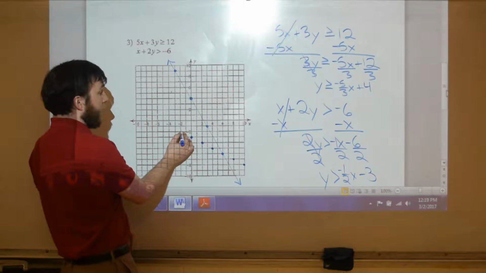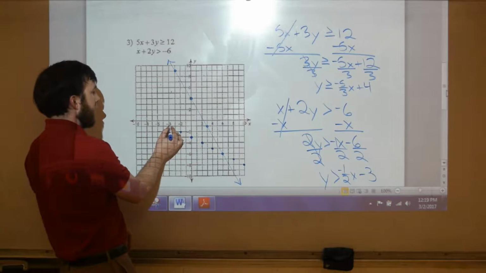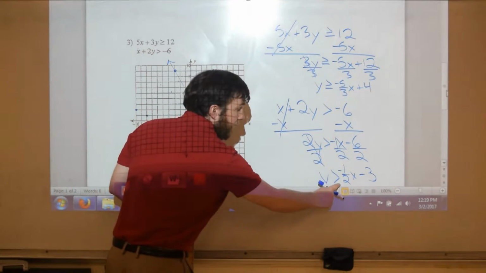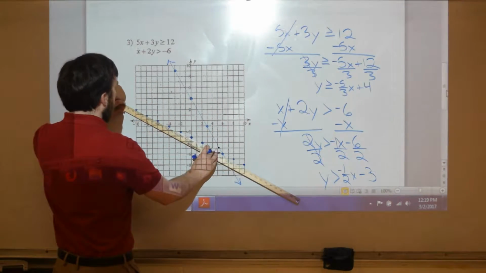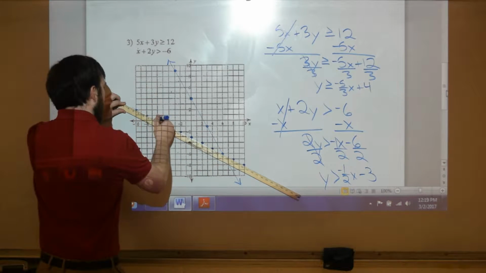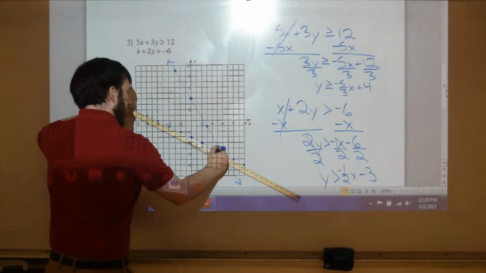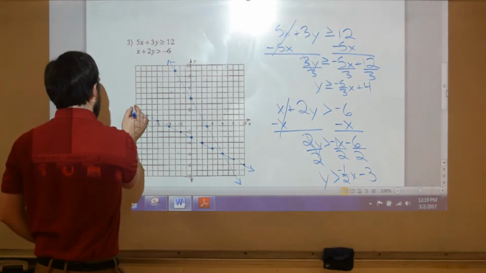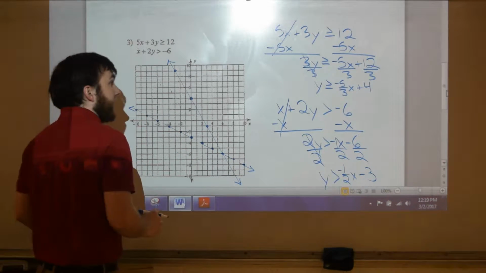Or you could go up 1, left 2. We don't have the equals, so this will be a dashed line. Last thing to do is shade it.